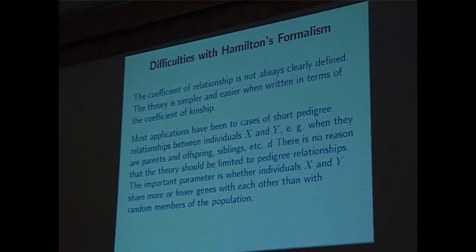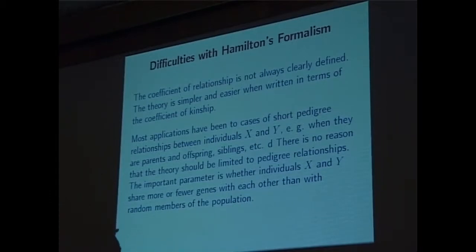Now, when we look at the theory, read about it, most applications have been to cases of short pedigree relationships between individuals X and Y. For example, X and Y may be parents and offspring, and we talk about parental care. Or they may be siblings.